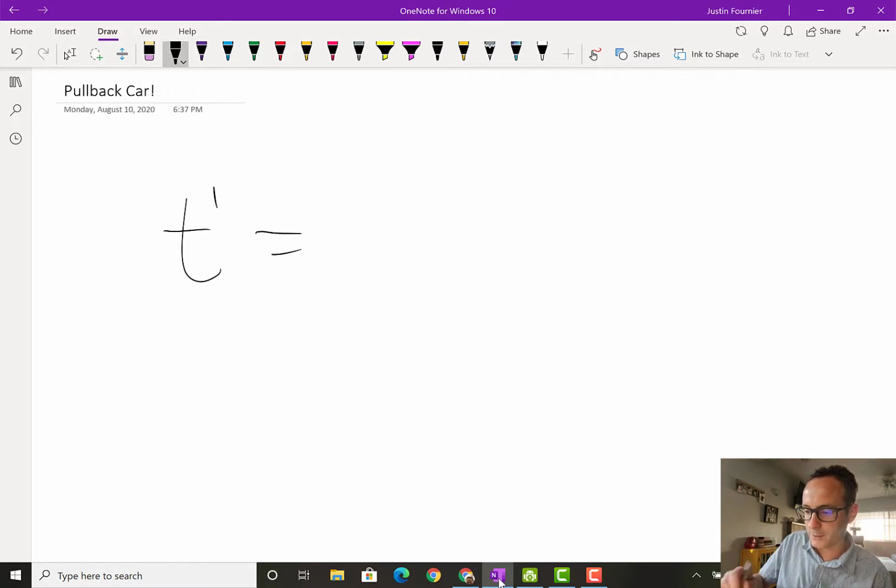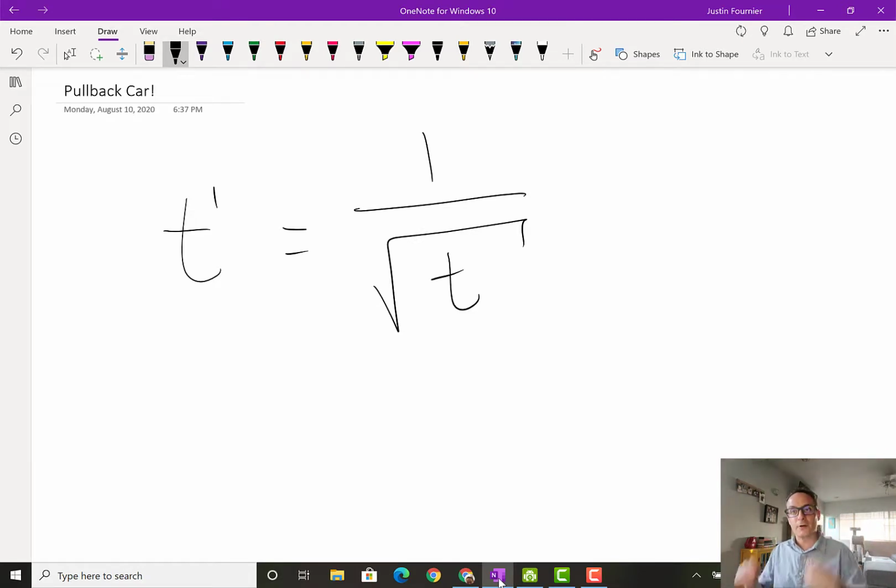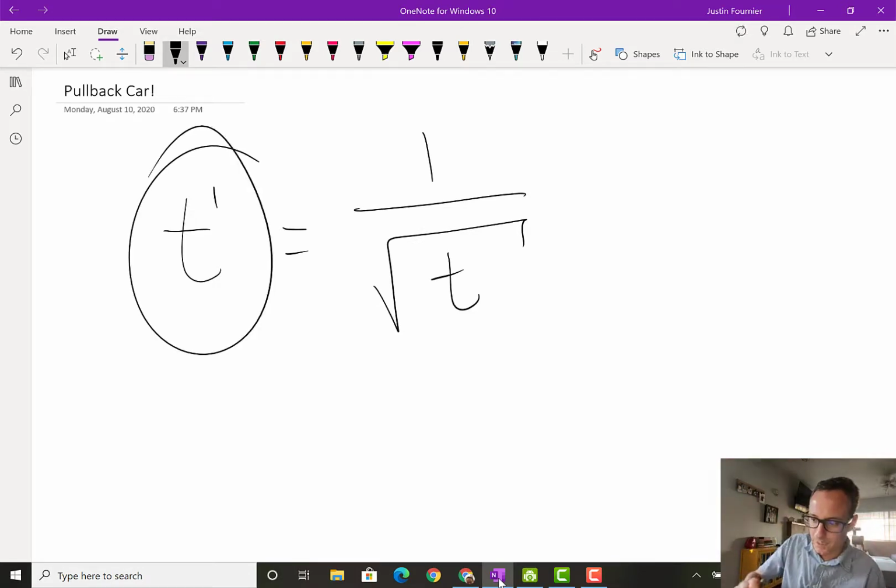I'll call it T prime, and it's not even going to be a real time, because the units don't work out, but don't worry about it. We're just playing with Google Sheets. Let's say I want to do the operation 1 over the square root of the old time T, right?